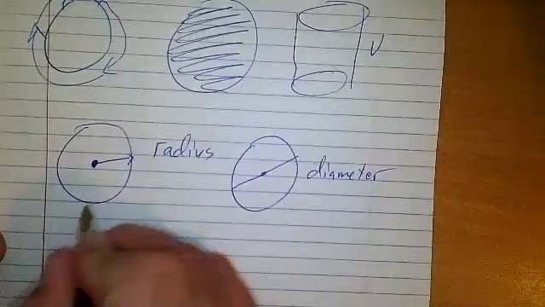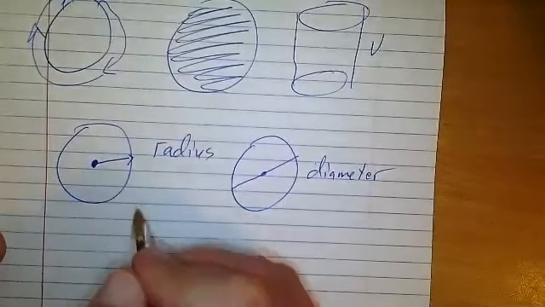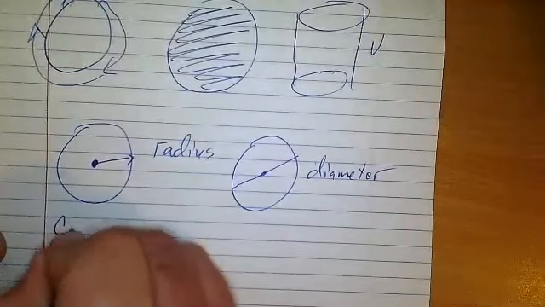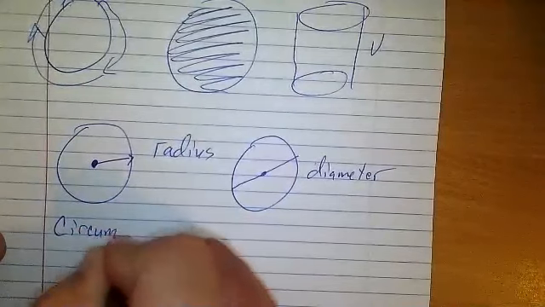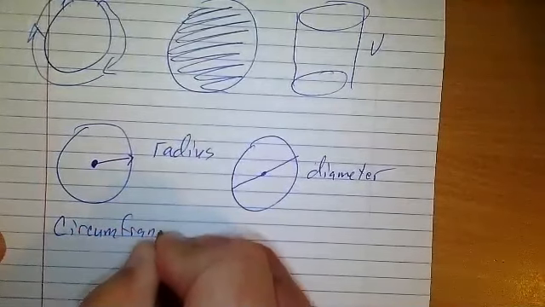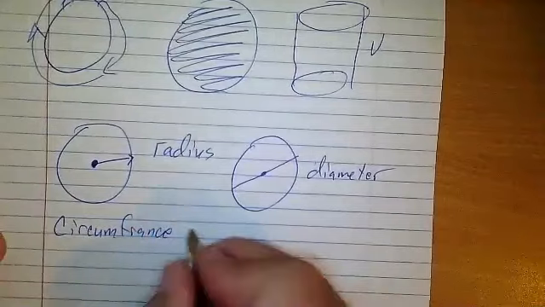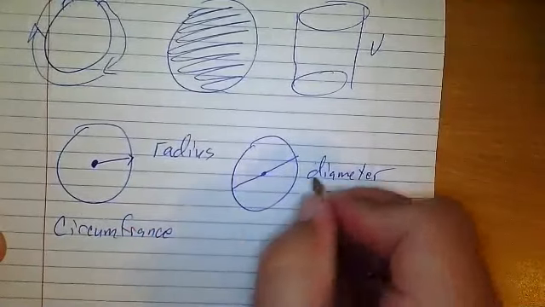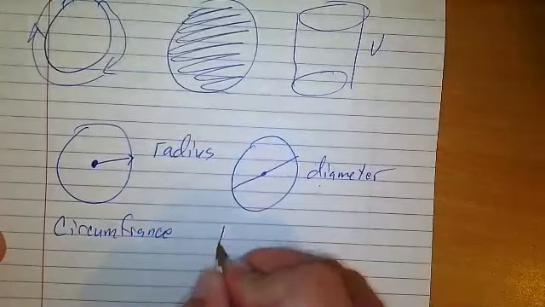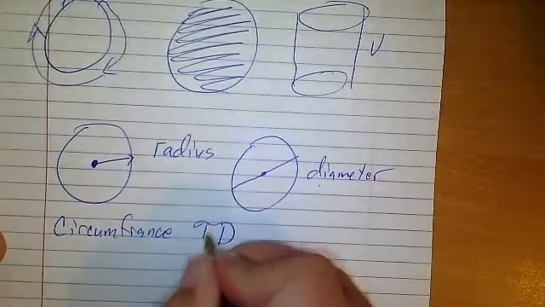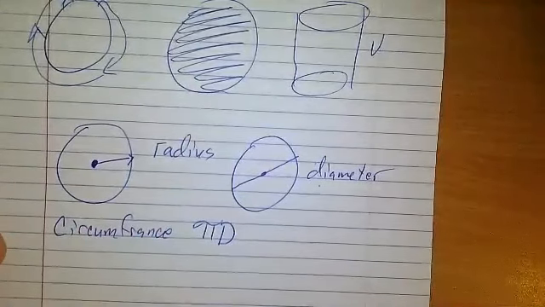So when I want to find out the circumference of a circle, I'm going to take the diameter d and I'm going to multiply it by the constant of pi.